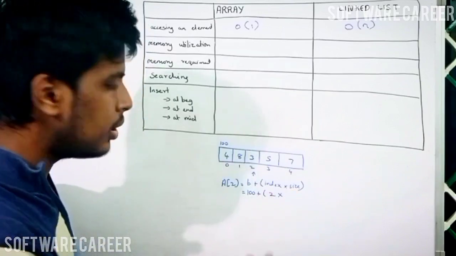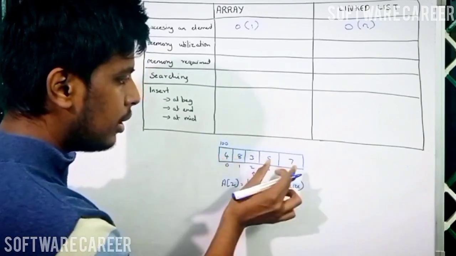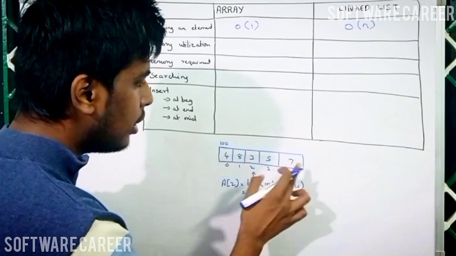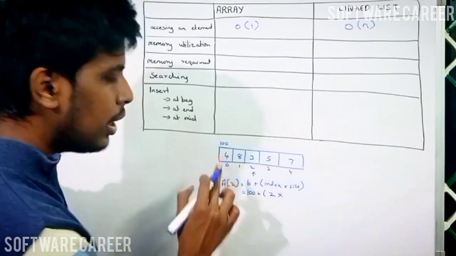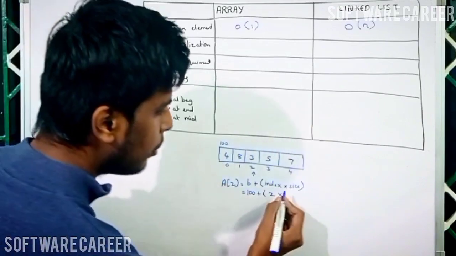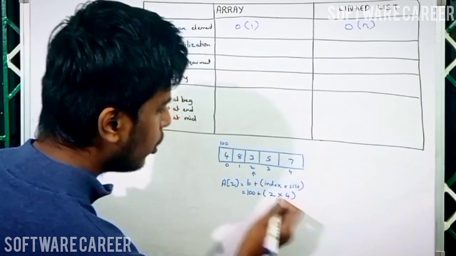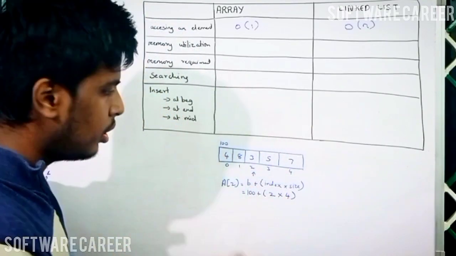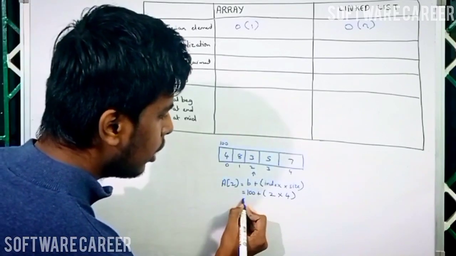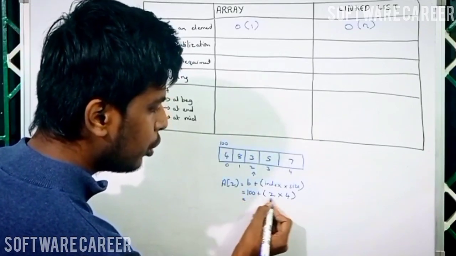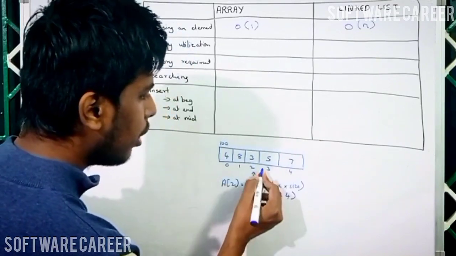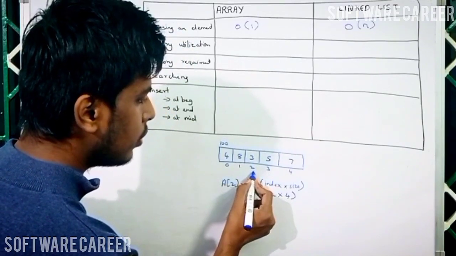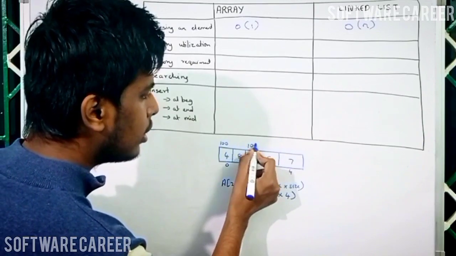Size is the size of each data type in this array. The data type in this array is integer values, and an integer takes 4 bytes. So I am writing into 4, because each integer takes 4 bytes. So 2 into 4. Now see, 100 plus 2 into 4. 2 into 4 is 8. So 100 plus 8 is 108. So you can find that the address of the second index is 108.